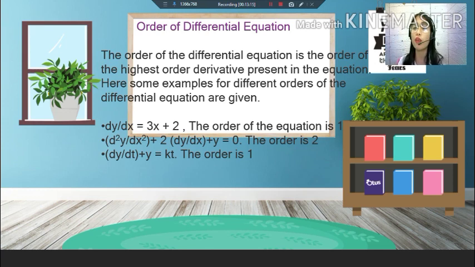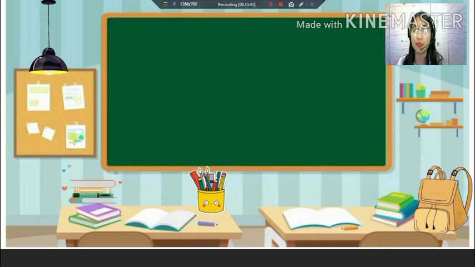The order of the equation is 1. The second one is d squared y over dx squared plus 2 times dy over dx plus y equals 0. The order is 2. And this is the third one, dy over dx plus y equals kt. The order is 1. That's the order of a differential equation.